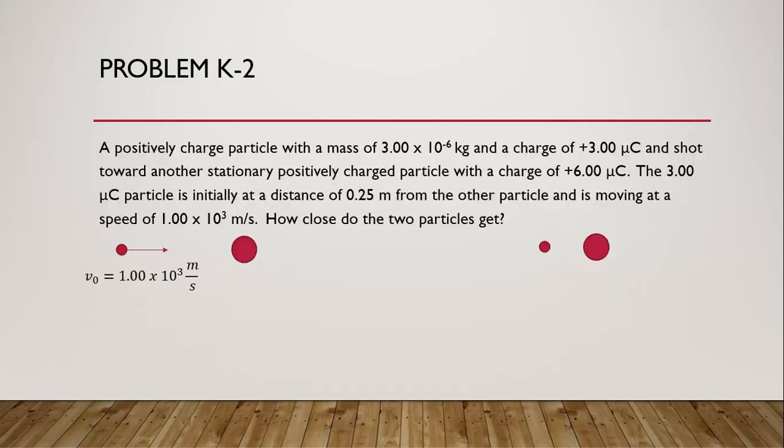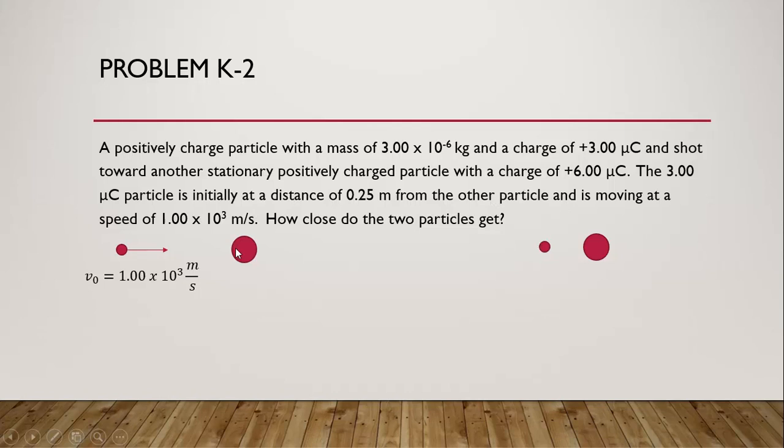The second type of problem we can do using electrical potential energy deals with conservation of energy. We have a positively charged particle with a mass of 3 times 10 to the negative 6th kilograms and a charge of plus 3 microcoulombs. Micro, remember, is times 10 to the negative 6th. It's going to be shot toward another stationary charged particle of 6 microcoulombs.